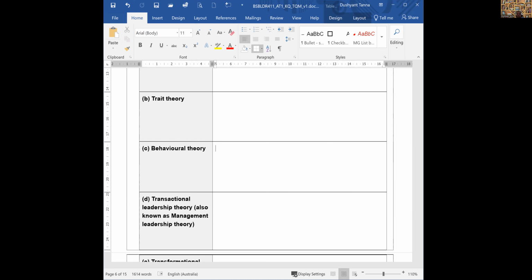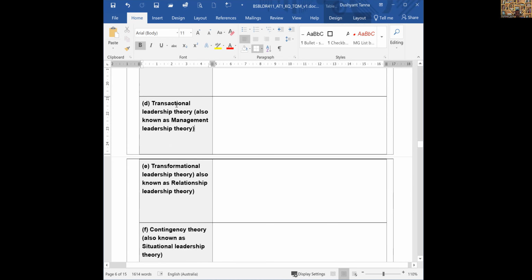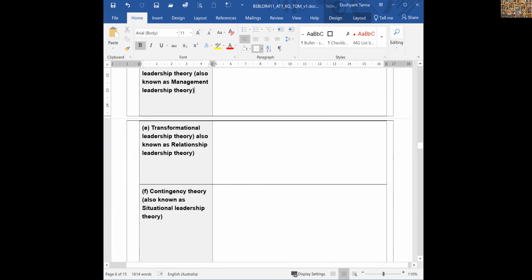If a person repeats effective lead behavior in a similar situation, then the leadership should be effective as well. So that was all about behavioral theory. Transactional leadership theory, we also saw that in that YouTube video, so I'm not talking about that anymore. Transformational and transactional were being compared.